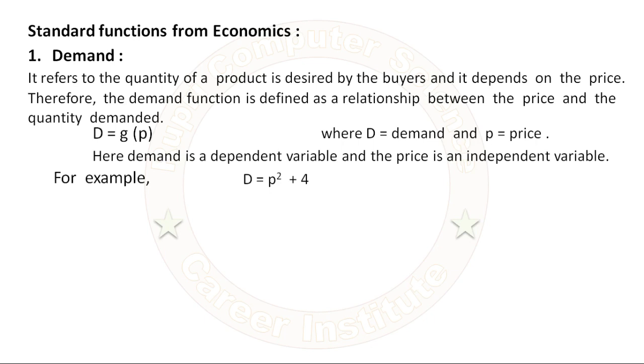Means demand changes when the price changes. Therefore, demand is dependent on price. Understand? And price is an independent variable. Do you understand? Yes. Now next, second, we understand the supply function.